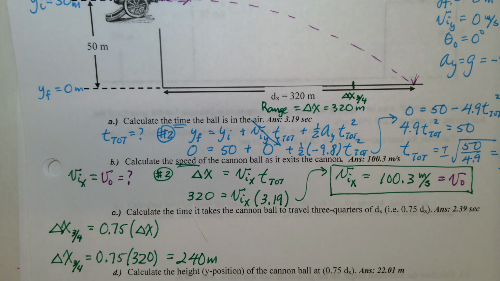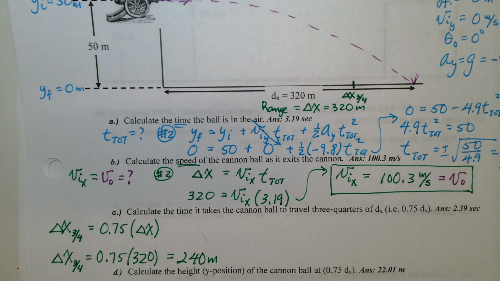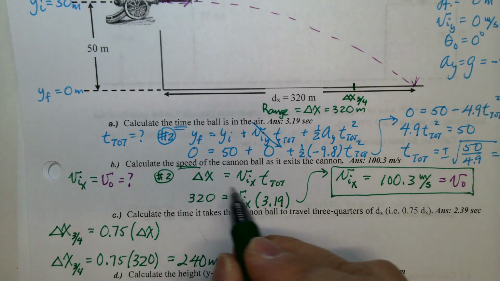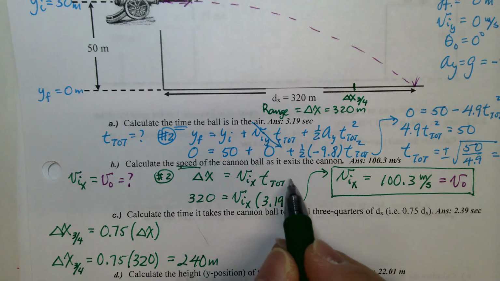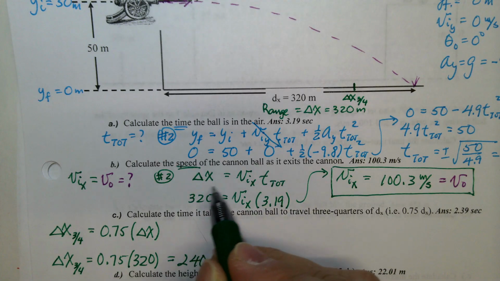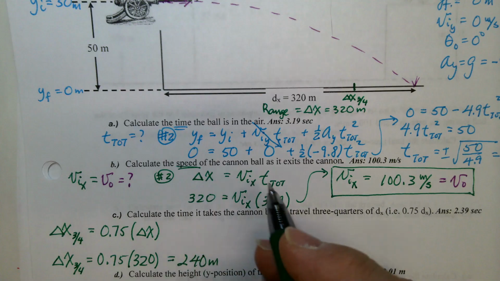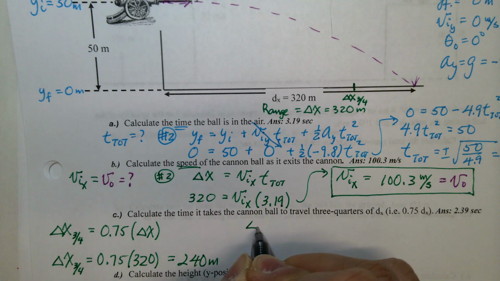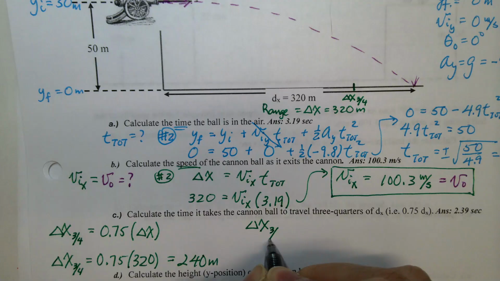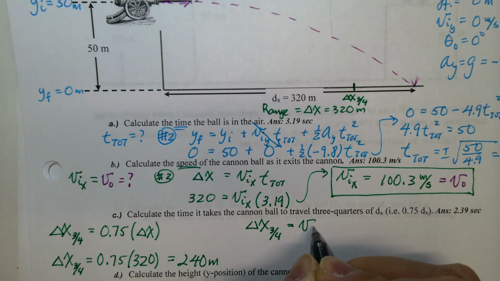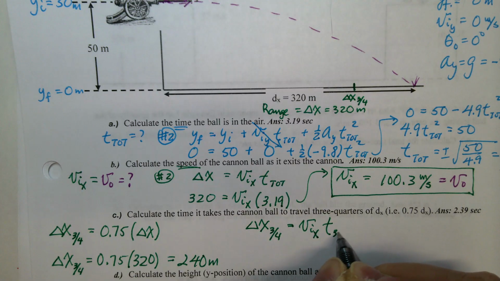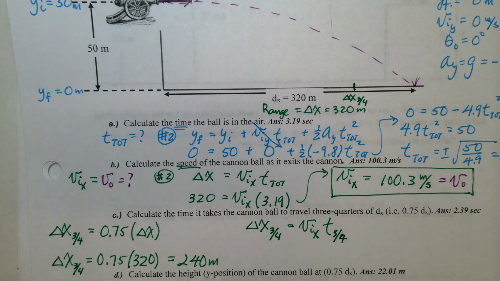But they want to know how much time it takes to reach that. Well, we can use this equation again, but we don't have to use the total delta x. We just use delta x at 3/4 is equal to, your VIX does not change, but now you are looking for the time at 3/4, right?